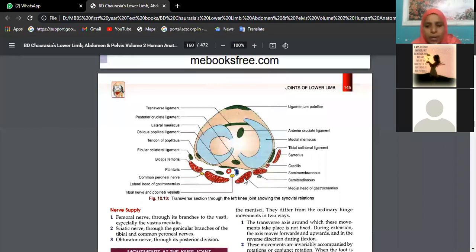Superomedial boundary, superolateral boundary: semi-membranosus, semi-tendinosus on the medial side, superomedially, and medial head of gastrocnemius infero-posteriorly. Laterally, you will see biceps femoris and lateral head of gastrocnemius. Deep inside, we will see a tendon of plantaris. Then apart from that, the tibial nerve and popliteal vessels.